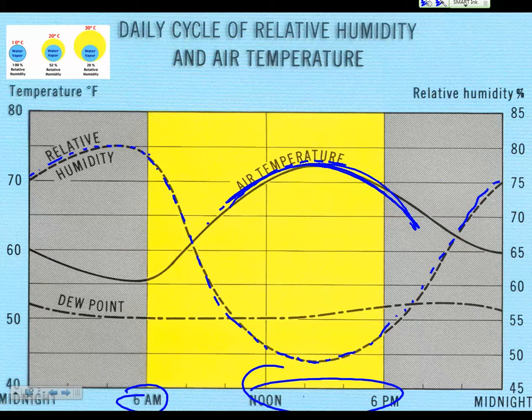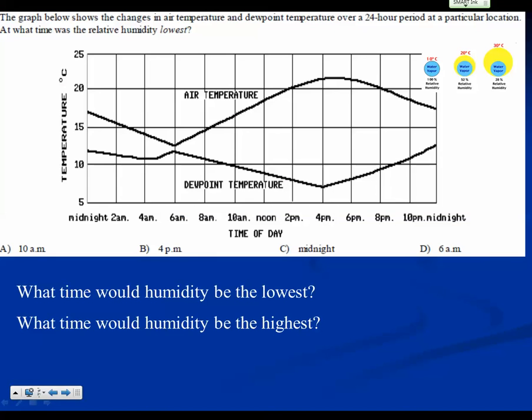When the air temperature is warmer, it can hold more water vapor, it has the potential for more water vapor in it, so the relative humidity is lower. Now, this would change if there was some addition of water vapor into the atmosphere, which we'll learn later on in this unit, coming from air masses that are much more moist. That can change this game. But for now, keep it idealized so you can learn about it.